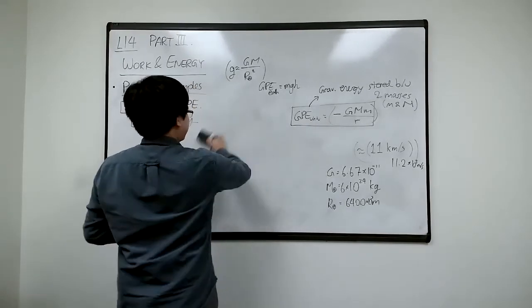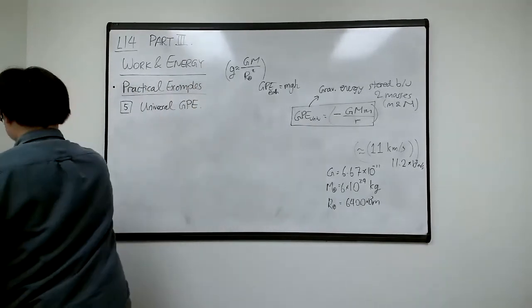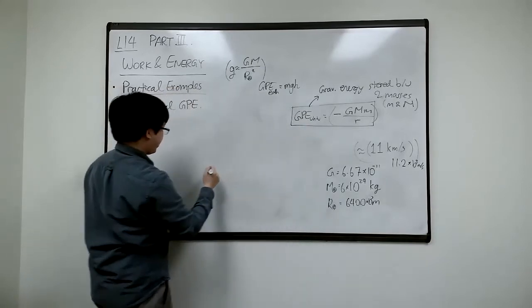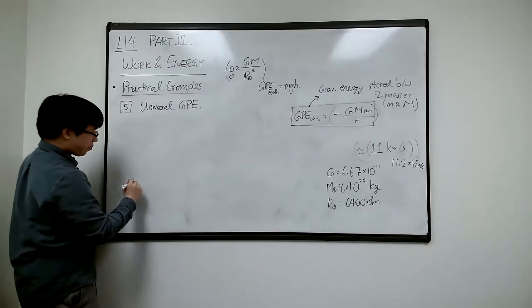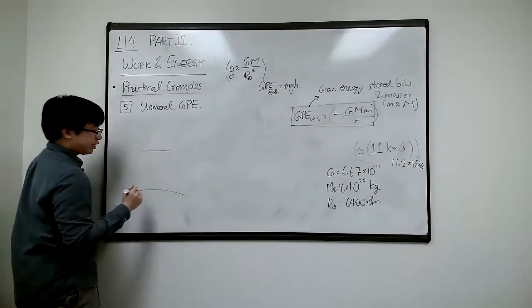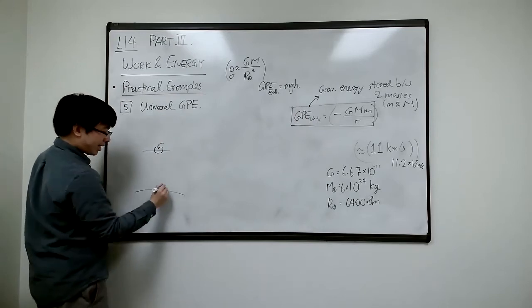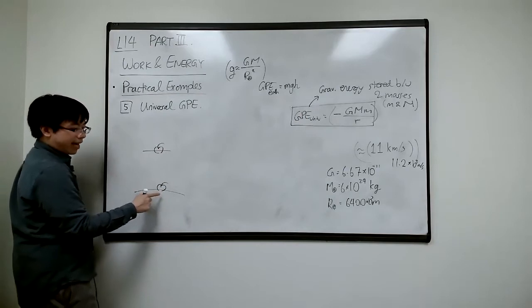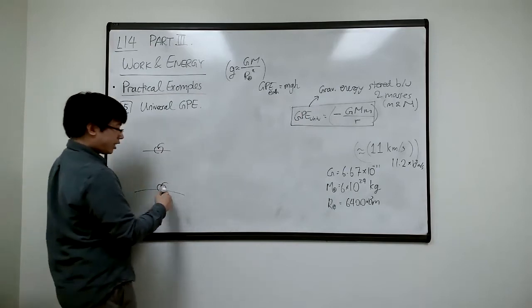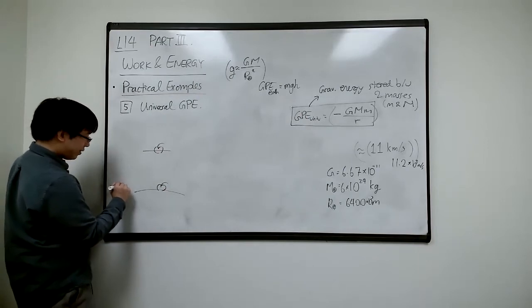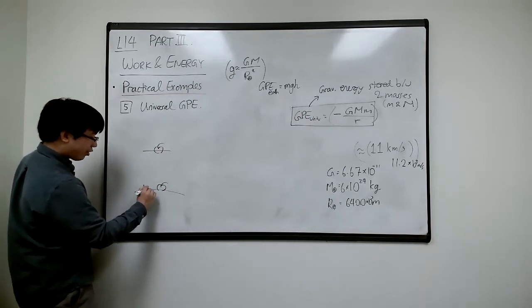How do we do that? Well, we need to compare the gravitational potential energy between two different heights, like this. So what's the gravitational potential energy here, the universal one? On Earth, I'm going to set this height as 0, right?